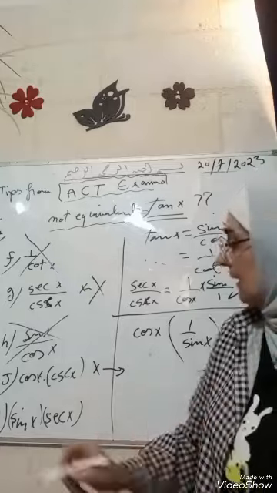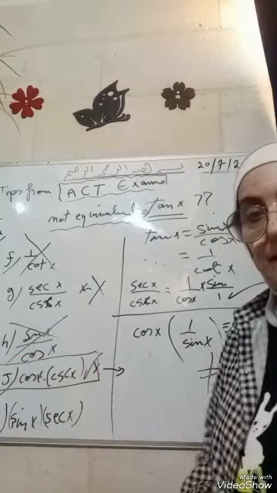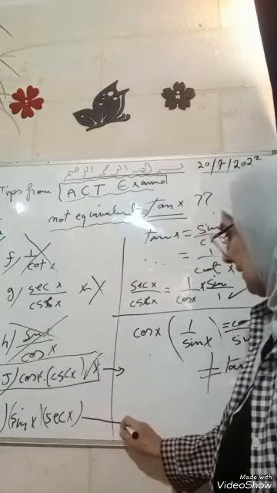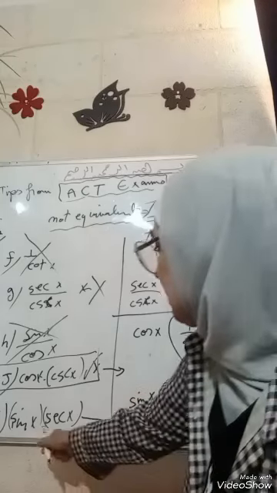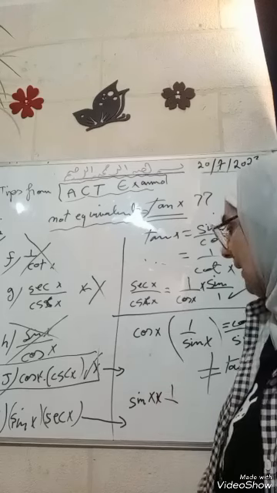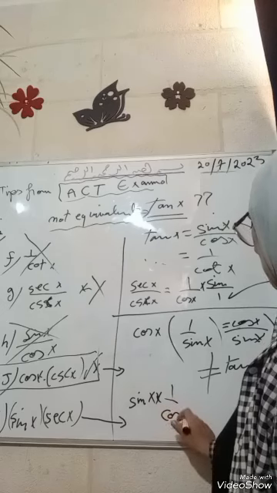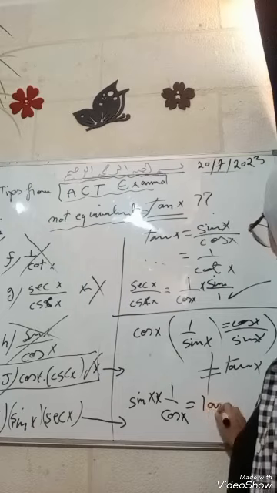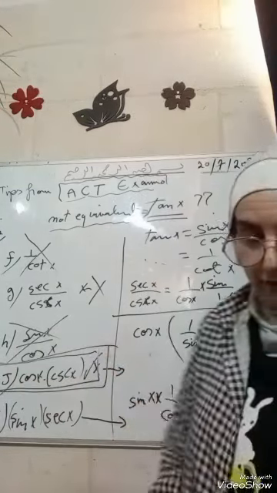And probably this one is the solution I need. To be 100% sure, I would take the last one, which is sine x times secant x, which is sine x times 1 over cosine x, sine x over cosine x, which is tangent x. So I have this one, J, as my solution.